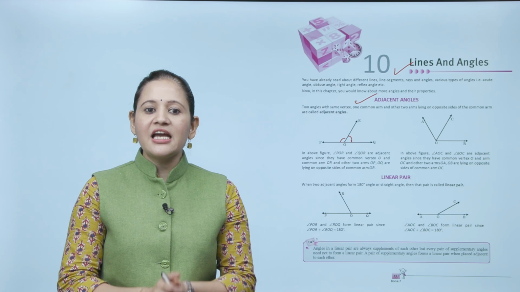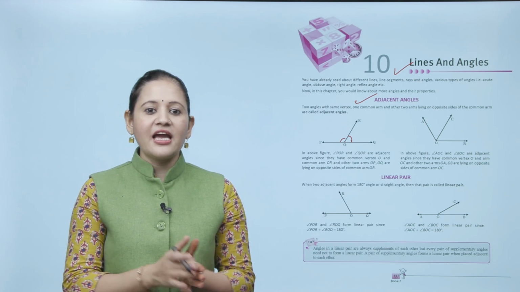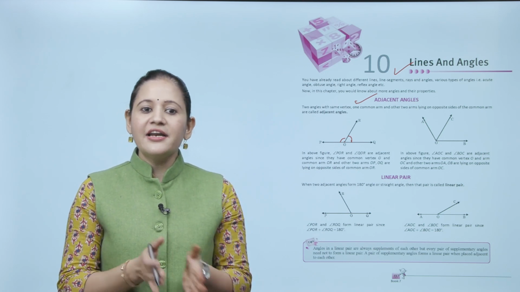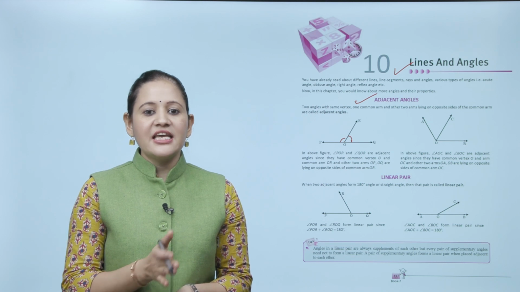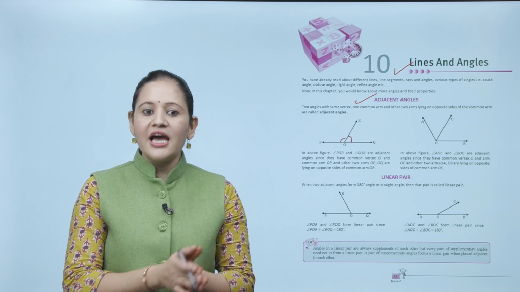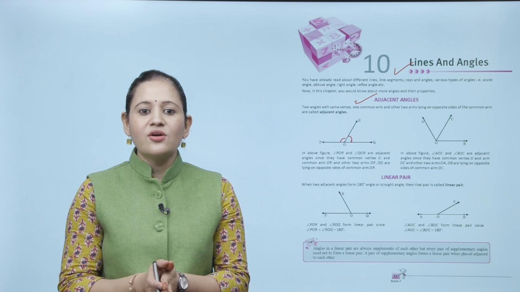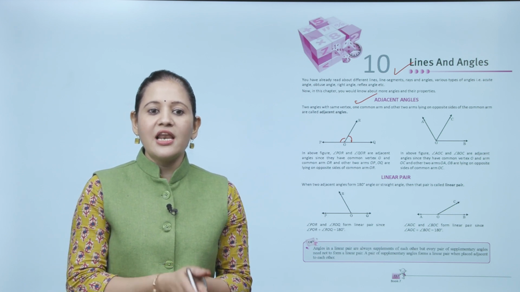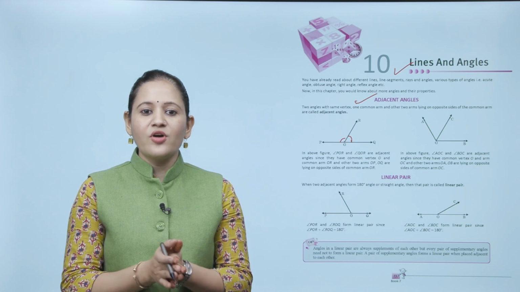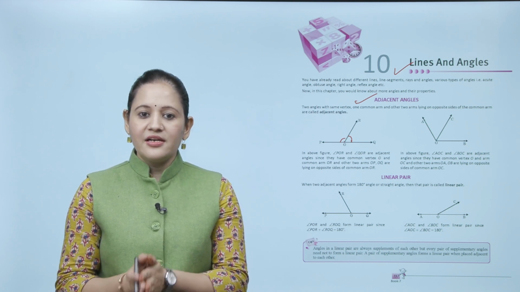In the above figure, angle POR and angle QOR are adjacent angles since they have a common vertex O and a common arm, that is OR, and the other two arms OP and OQ are lying on opposite sides of the common arm OR. Clear?